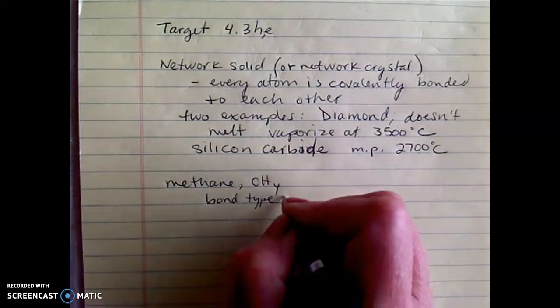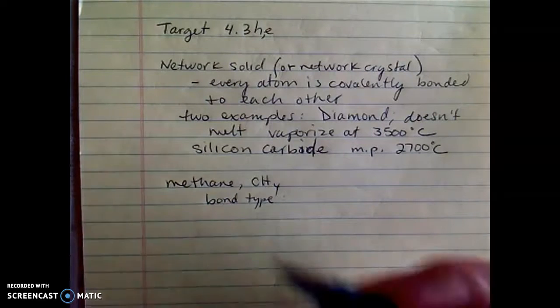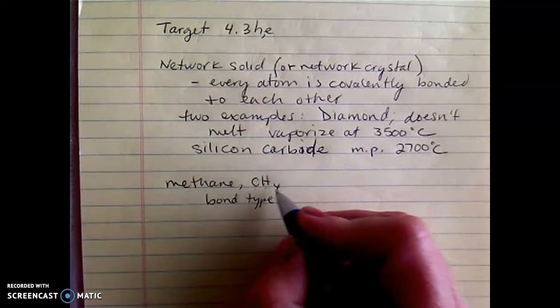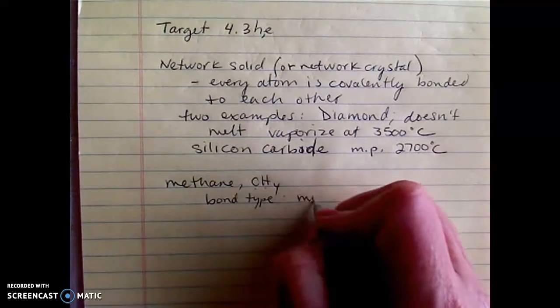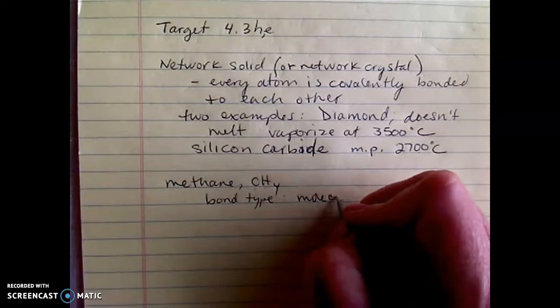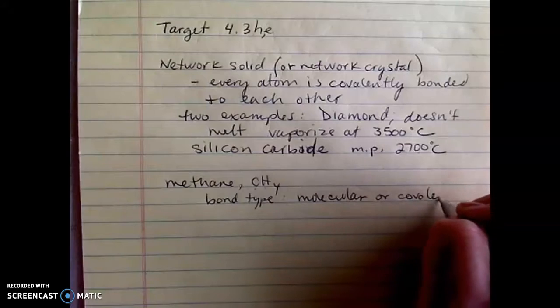Well, we have two ways of describing its bond type. We can use what kind of elements have come together, or we can use electronegativity values. I'm just going to use the types. I have two nonmetals, so I can say that my bond type is a molecular bond or covalent bond. I don't care which one you use, molecular or covalent, they mean the same thing.